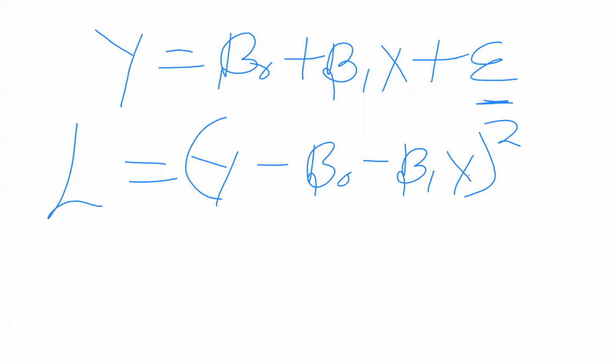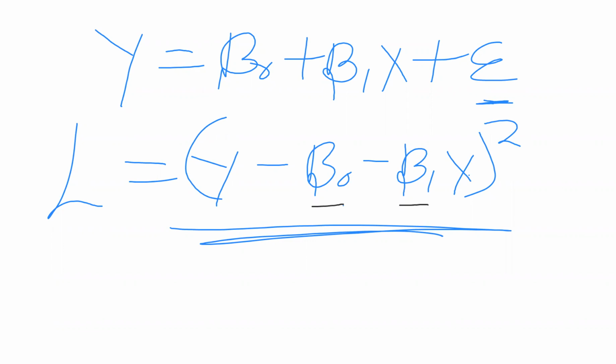We're going to use calculus to differentiate this equation with respect to, number one, beta naught, and also with respect to beta one. Is that clear? You differentiate this equation with respect to beta naught, then you differentiate it with respect to beta one.